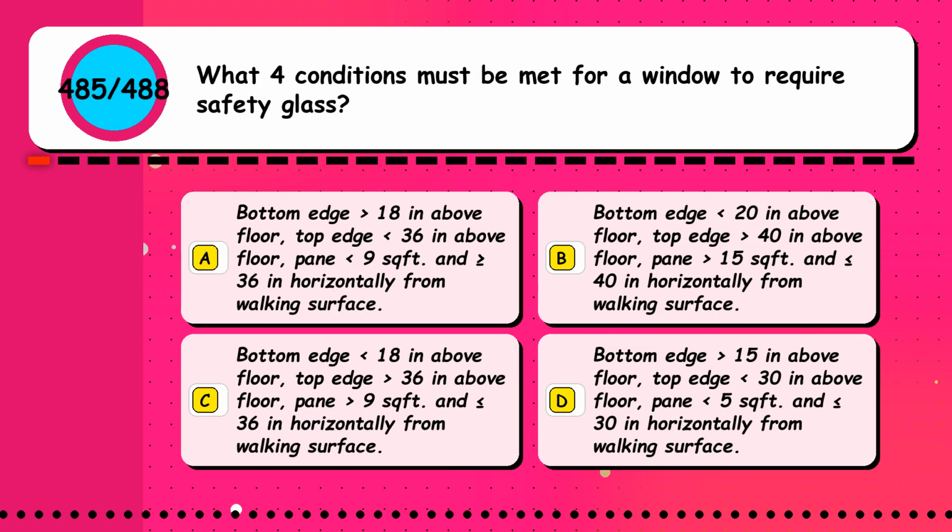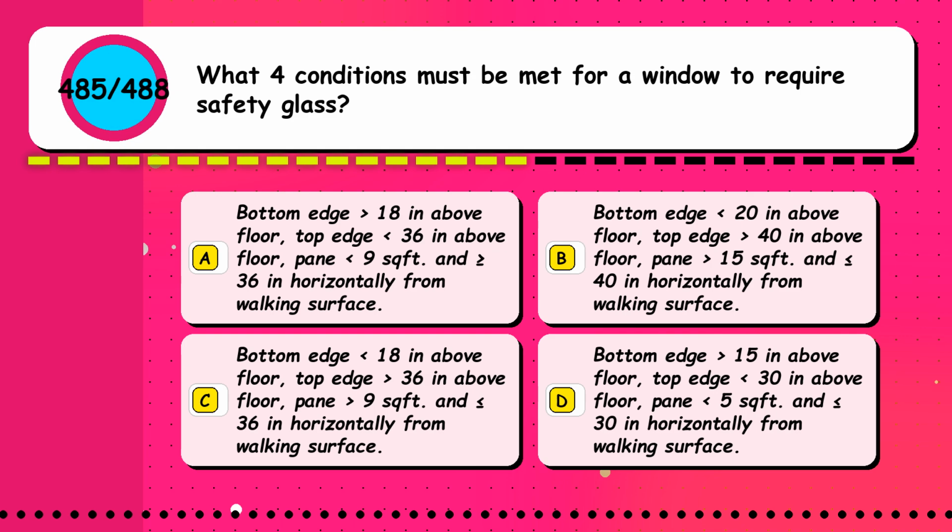Question 485. What four conditions must be met for a window to require safety glass? Option A, bottom edge 18 in above floor, top edge 36 in above floor, pane 9 square feet, and greater than or equal to 36 in horizontally from walking surface. Option B, bottom edge 20 in above floor, top edge 40 in above floor, pane 15 square feet, and less than or equal to 40 in horizontally from walking surface.